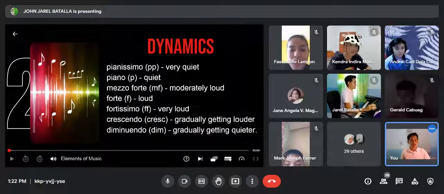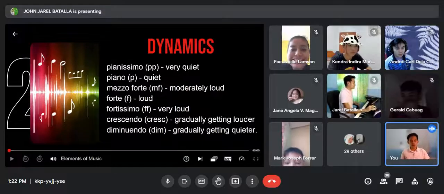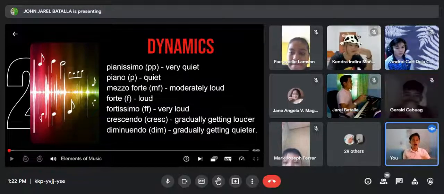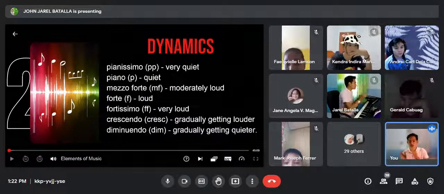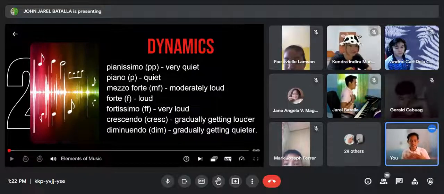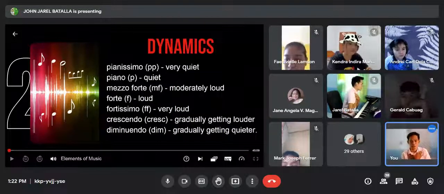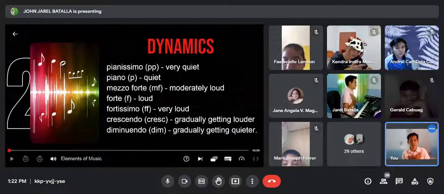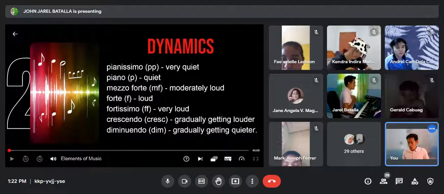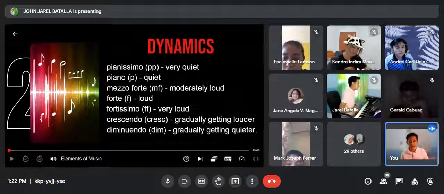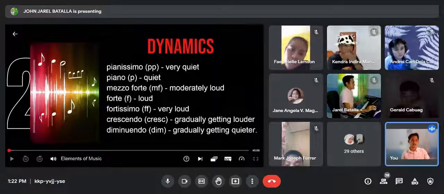So these are some examples. Now, let's go back to the definition of dynamics. It defines how loud or how soft the sound is, and it is based on the interpretation of the performers or the artist. For example, when I play River Flows in You, I will apply the dynamics. Okay, please listen.